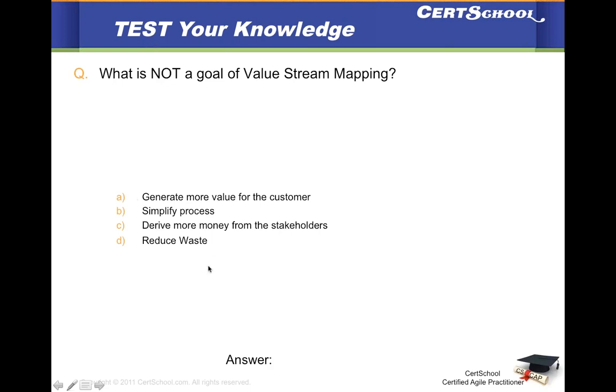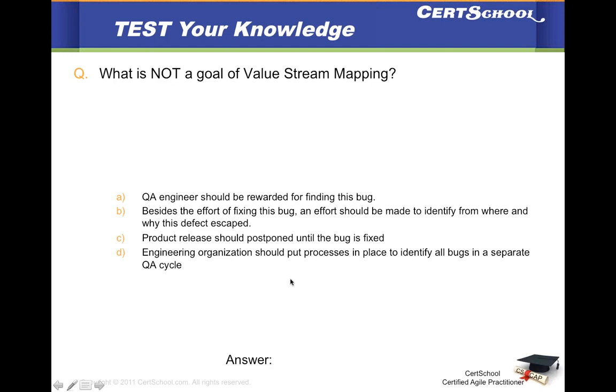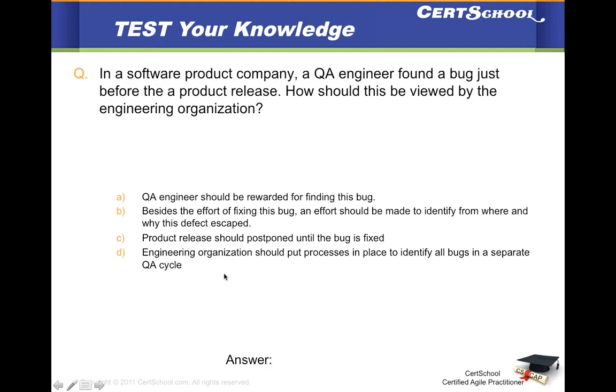Okay, very good. Almost all of you answered correctly. The correct answer is C. Deriving more money from the stakeholder is not a goal of value stream mapping. Okay, very good. Next one.